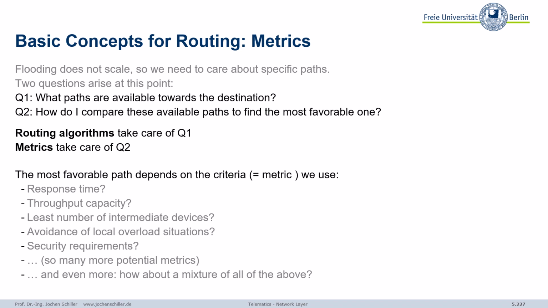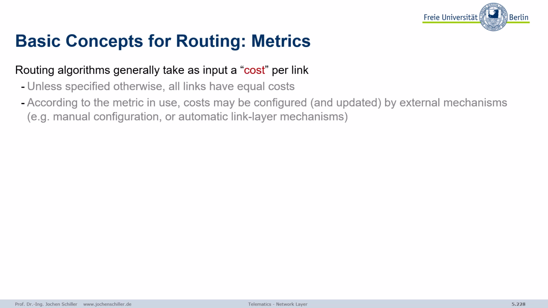So now, what is the input for the routing? Well, it's a cost per link, and we try to minimize the cost of the overall path, whatever cost here is. And the simplest approach is we assume all links have equal cost.